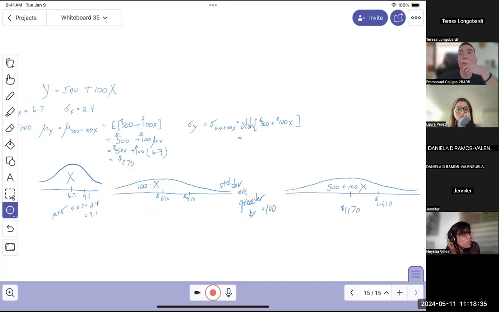Does it change it? So multiplying X made it more spread out, so the standard deviation is greater by 100. But did the shift affect the standard deviation? The flatness? The spread-outness?